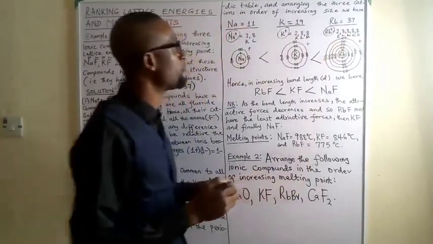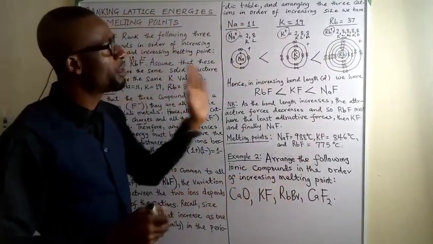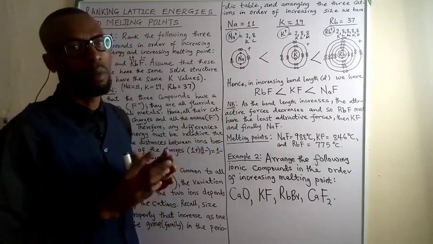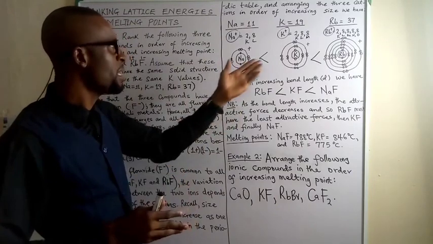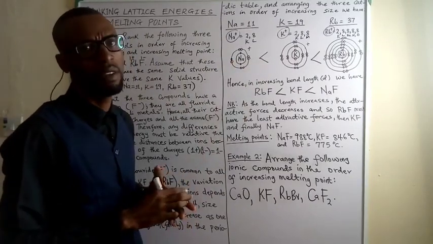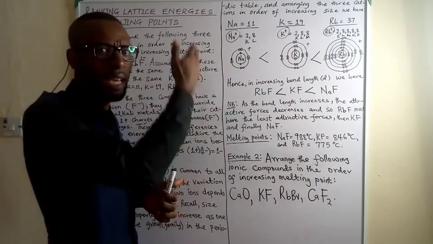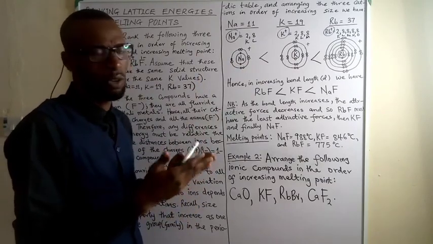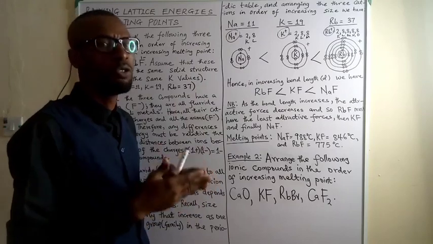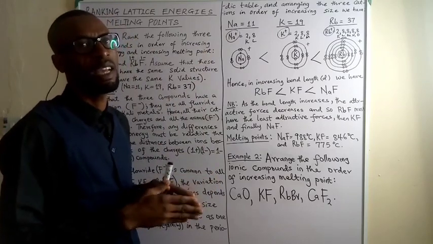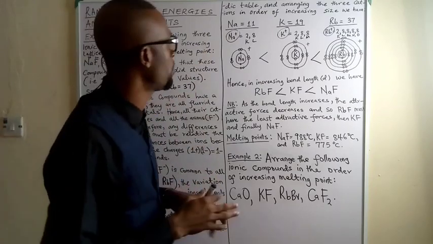So this is key. They are all 3 alkali metals, but the difference is in the number of shells that they have. The number of shells in a group of the periodic table continues to increase as you go down.